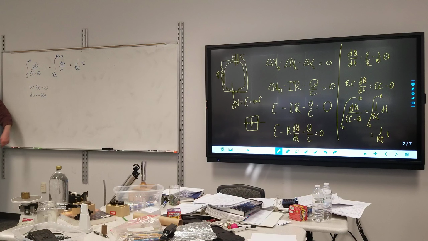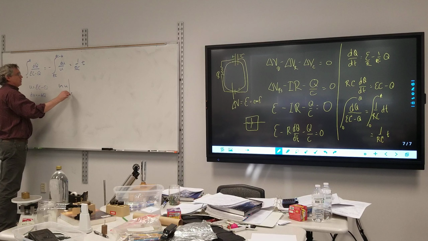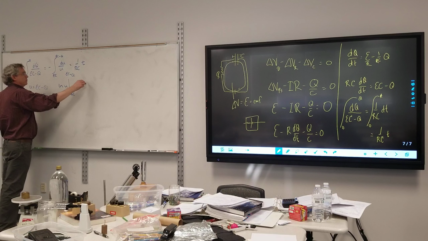What is this? Natural log of u. I'm going to bring the negative over to the other side also. So I have the natural log of u from epsilon C to epsilon C minus q is equal to negative t over RC.